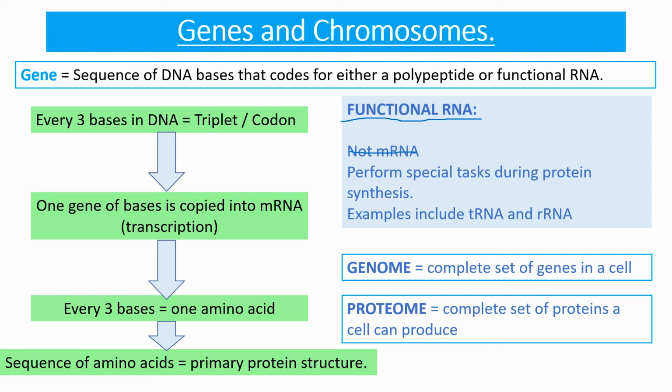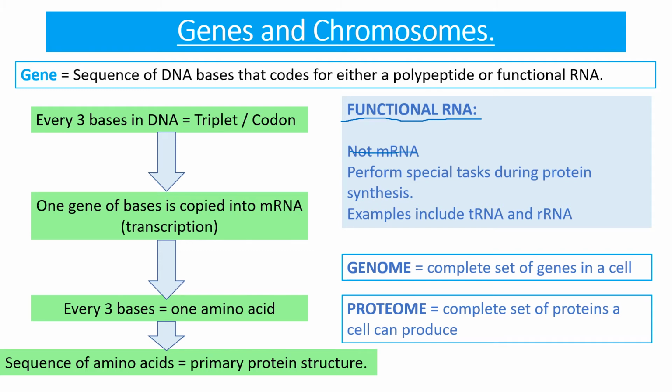We'll talk about those a bit more in the future. But effectively, all you need to know is that a gene is a sequence of DNA bases that codes for either a polypeptide, which will make a protein, or functional RNA, which is RNA that is involved in the production of proteins in protein synthesis.